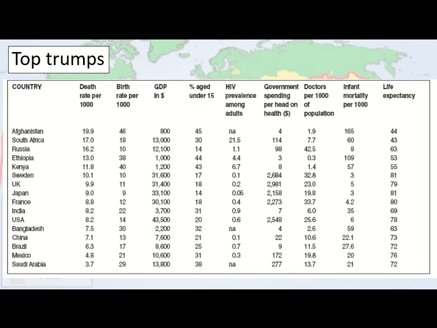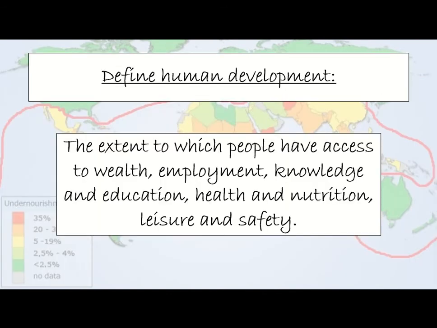So what I'd like you to do, we need a summary of some single measures of development. Now you can pick a couple of these, that's fine. You know, life expectancy, government spending per head, that's absolutely fine. But I want you to cover a range that gets not just health-based data and not just wealth-based data, but I also want to see any stats that could tell you about education in a place, or maybe leisure or safety in a place.